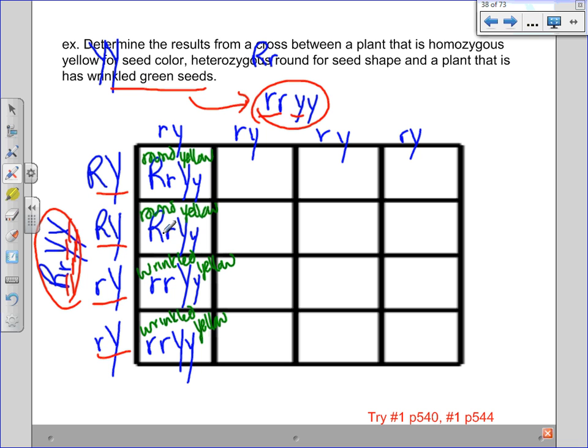When you put them together, half of them, 8 of the 16, would be big R, little r, big Y, little y, so they'd be heterozygous for both, round and yellow. The other 8 would be wrinkled and yellow, little r, big Y, little y. Then you express your ratios, same as you did with the monohybrids.